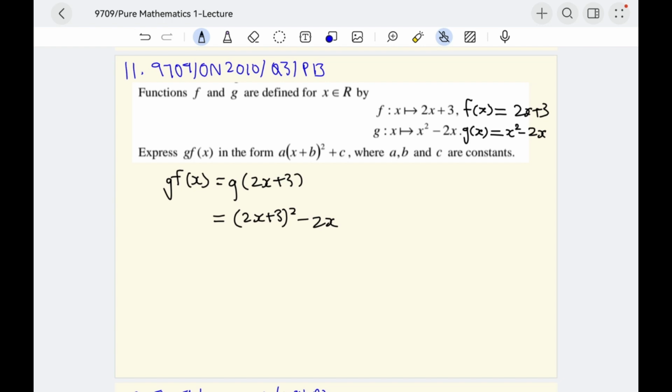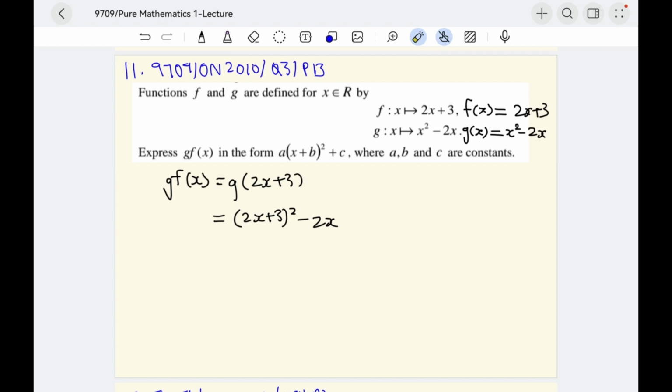So don't tell me this is the vertex form. If you leave your answer in this form, I can tell you that is the wrong one. For pure math students, you shouldn't make this careless mistake. So you have to expand into the general form just before you convert to vertex form. What is vertex form?